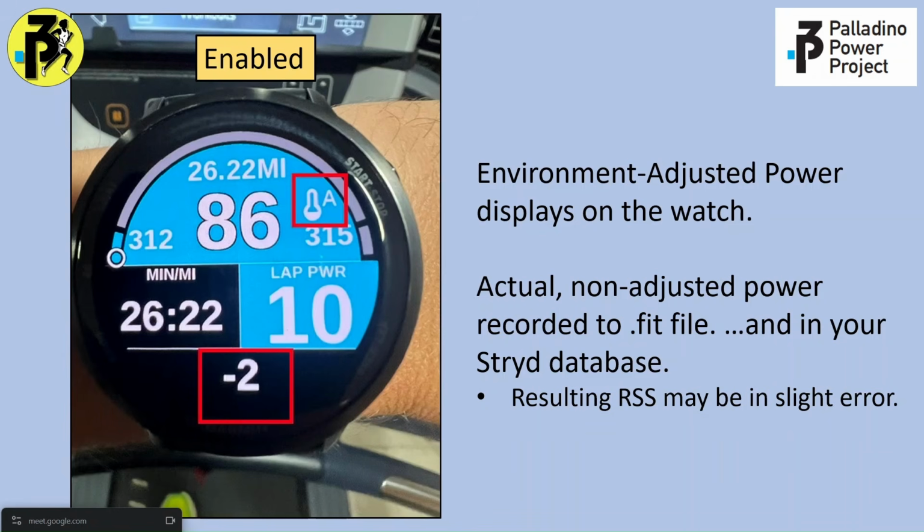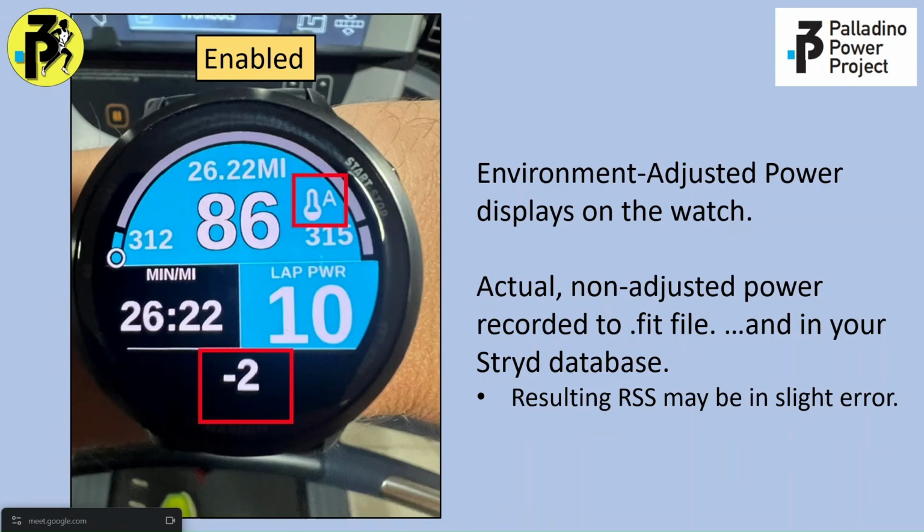So the real-time adjustment is generally not more than about 2%, usually less than 2%. So it's not big. So the RSS error is not big and probably not a big issue in training load. It's only when the percentage gets really high.